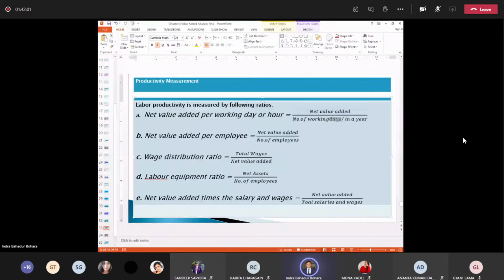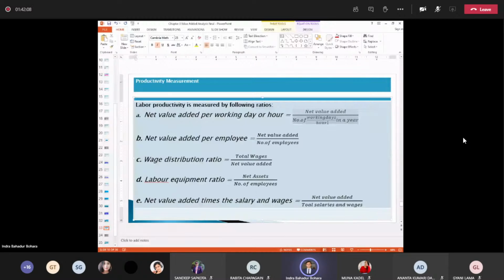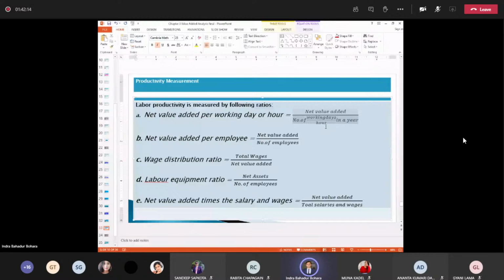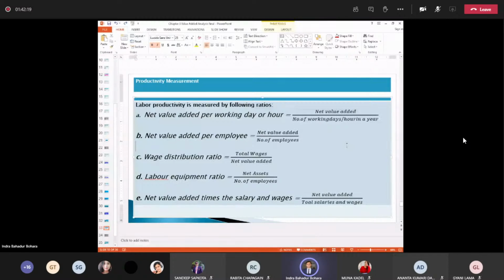If you are calculating per day, if you need to calculate total value added per day, then you divide by the total number of working days.